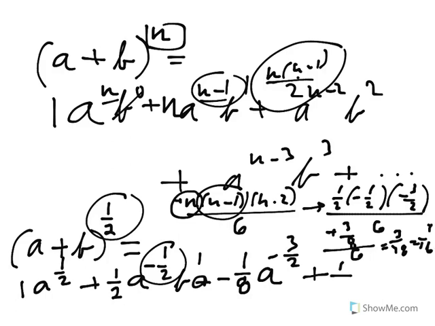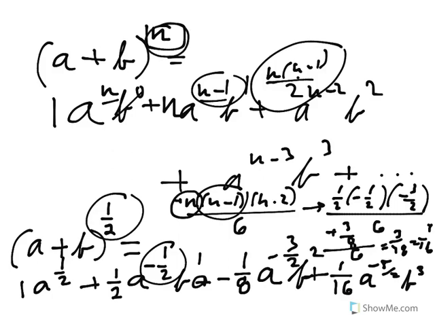And that's the 4th coefficient. And I left off b squared here. And this should be a to the minus 5 over 2, b to the third.